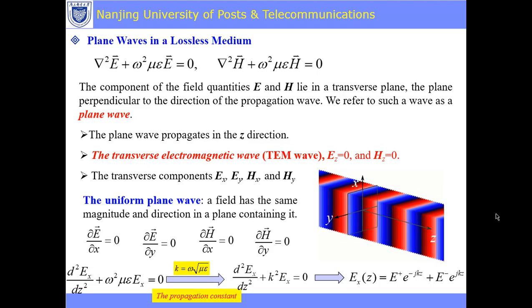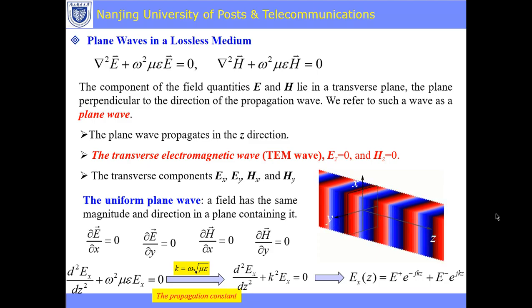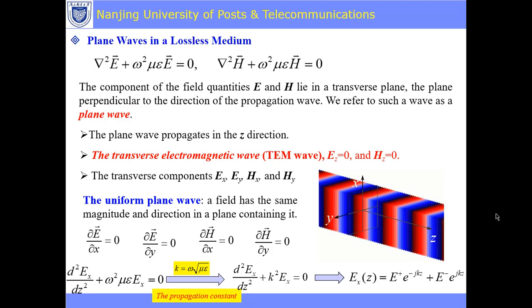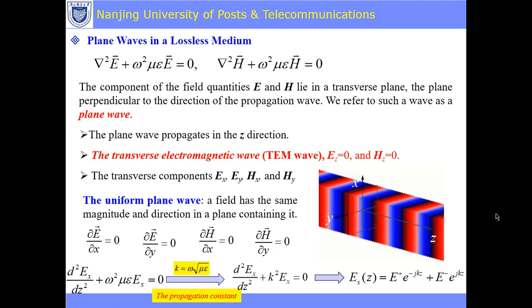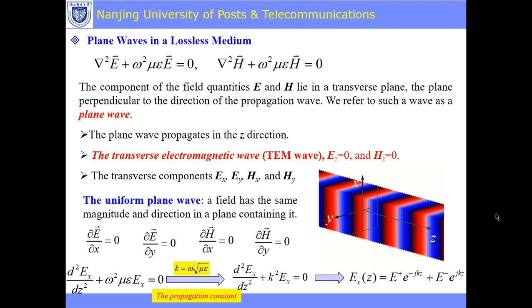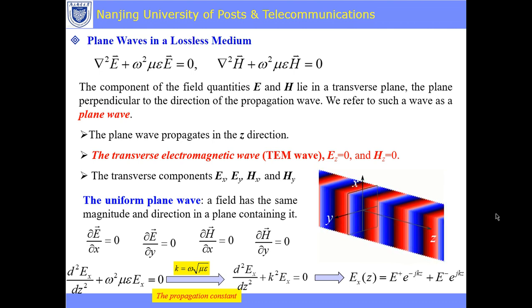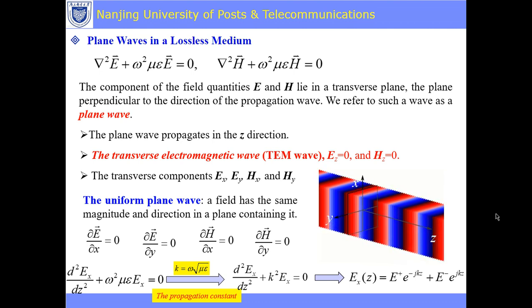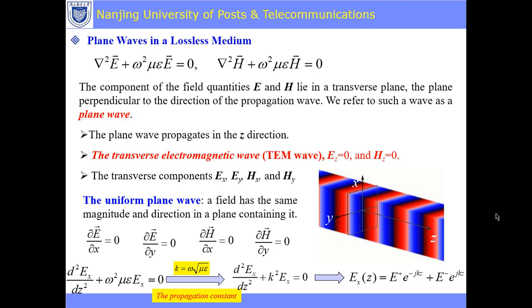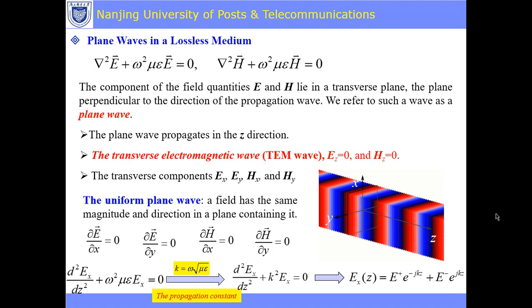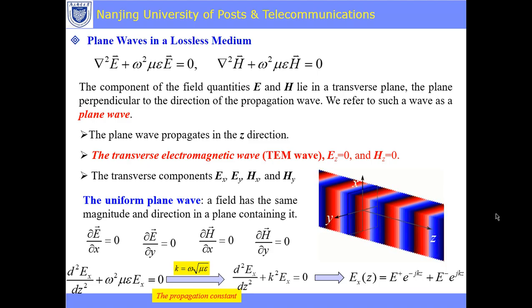What does propagation constant mean? What is the definition of propagation constant? The wave's amplitude and phase change when it passes through a medium. This is called the propagation constant.